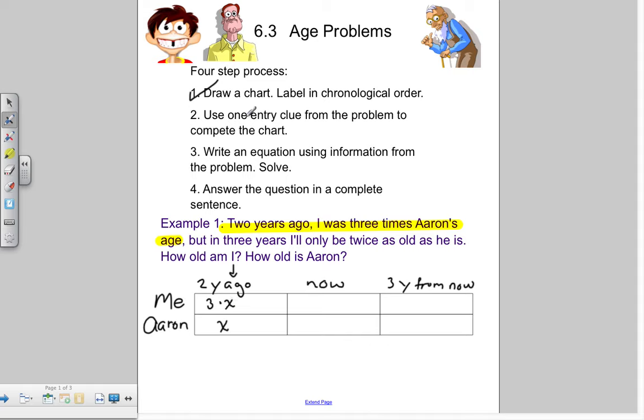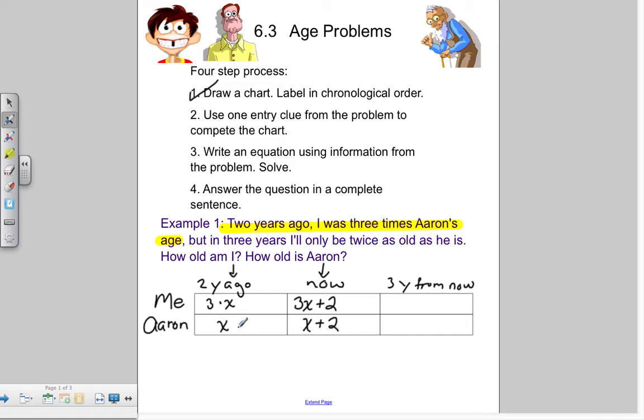Okay, so I used one entry clue from the problem to complete the chart. Well, I haven't completed the chart, but I have only used one clue from the problem. So now let's look at what else we have in the chart that we can figure out. If that was 2 years ago, then what is now? Oh, it's just going to be adding 2. So that means I've got 3x plus 2. What is Aaron going to be? x plus 2.